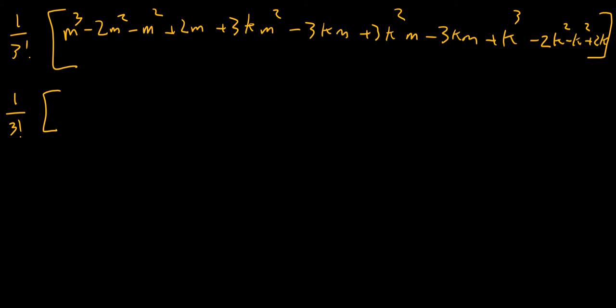If we simplify this, we're going to get m cubed. Let's write it in order. Plus k cubed. Subtract 3m squared. Subtract 3k squared. Subtract 6mk.